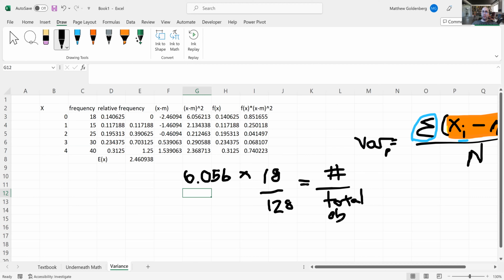And these total observations are essentially your big N. And now, remember that this number represents 18 versions of that 6.056, of that squared deviation. It represents 18 versions of that over the total number of observations.